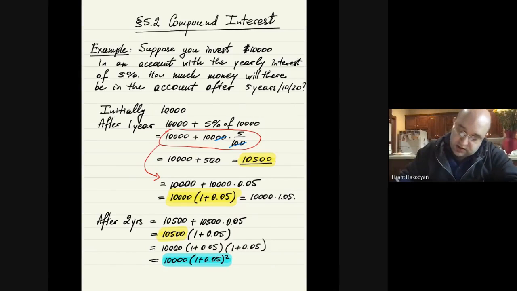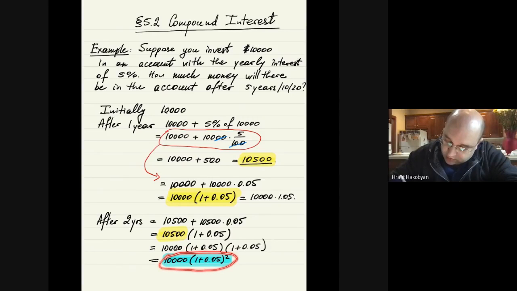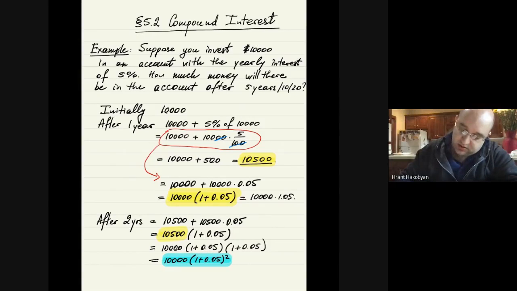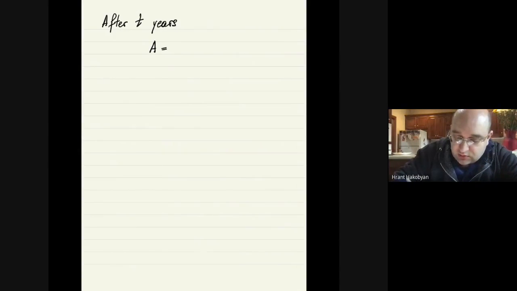So after 1 year, I'll have 10,000 times 1 plus 0.05 with the power 1, right? And after 2 years, I have the same thing, but with the power 2 here, okay? So in general, the formula becomes, after t years, the amount in the bank account would be 10,000 times 1 plus 0.05 to the power t.